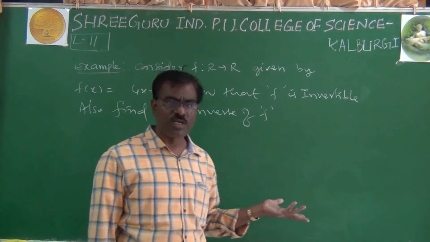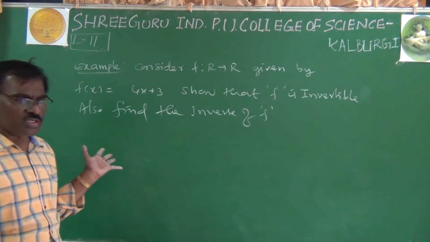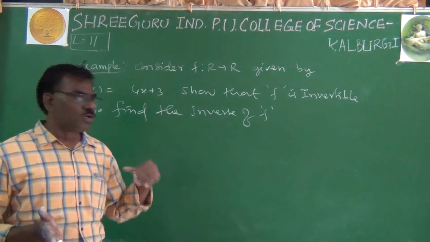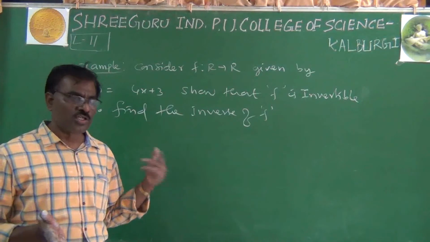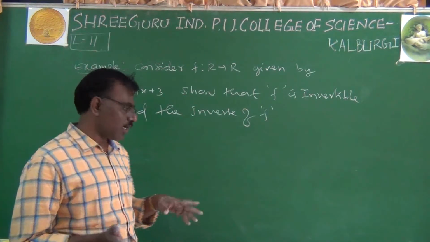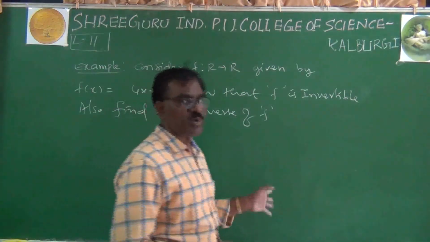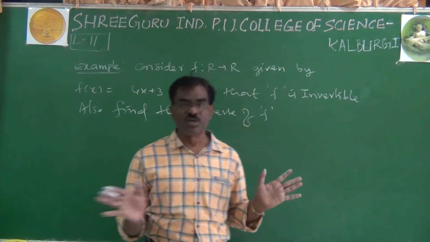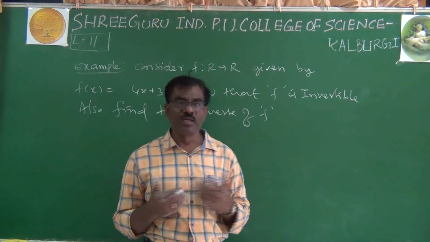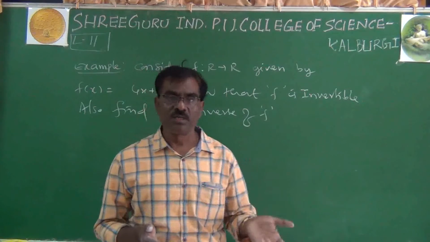You can do any method, but this problem does not mention a particular method. Either composition or 1-1 and onto. In this problem I am explaining both methods, and for next problems it is understood. You can do any method; some students find the first method easy, some the second.